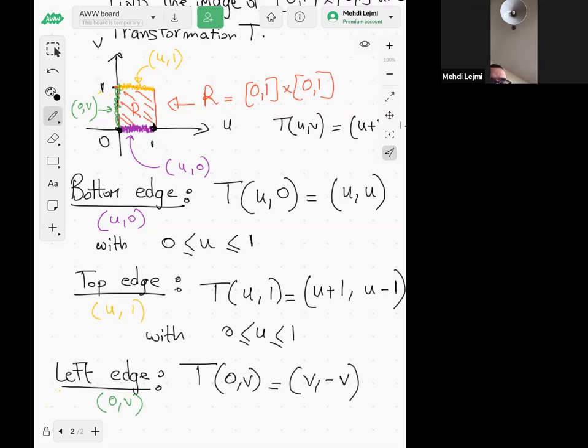Right edge, I'm going to use the blue here for the right edge. That's where U is equal to 1. So the right edge would be the set of points (1, V) with V between 0 and 1.